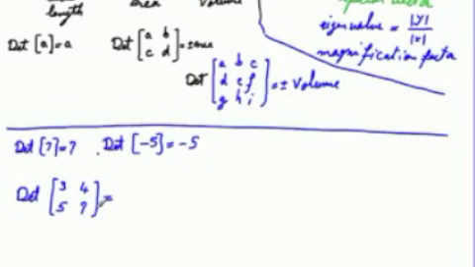So many of you remember how to handle a 2 by 2 case. What do you do in that case? We have certain shortcuts, or a matter of definition. Cross multiply and go according to that. That is 3 times 7 minus 4 times 5. That's going to be 21 minus 20.